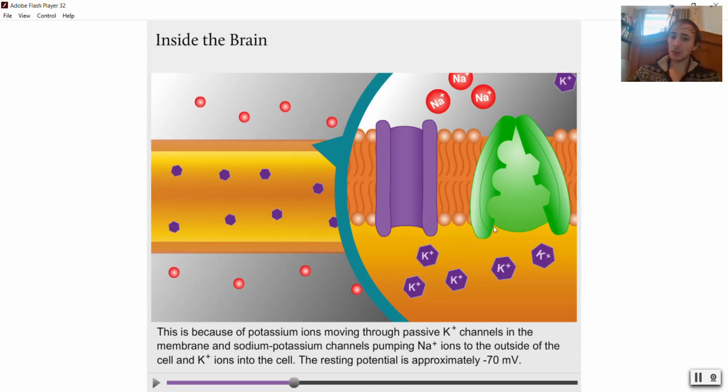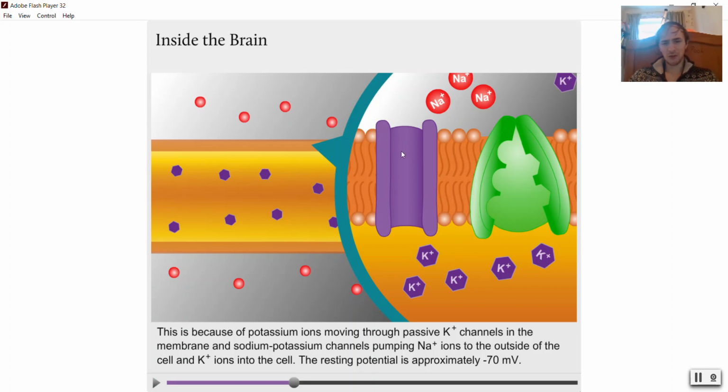So sodium ions are pumped outside, potassium pumped inside, and then potassium ions diffuse out of their leak channels into the surrounding tissue fluid. Overall, most of the potassium ions and pretty much all of the sodium ions end up outside, and that's what causes this negative membrane potential, which is fine.